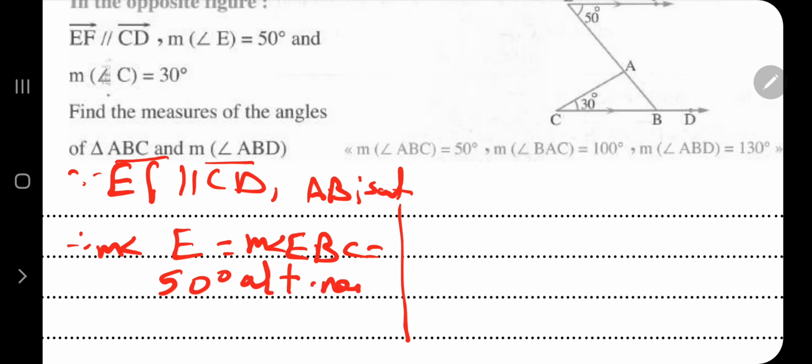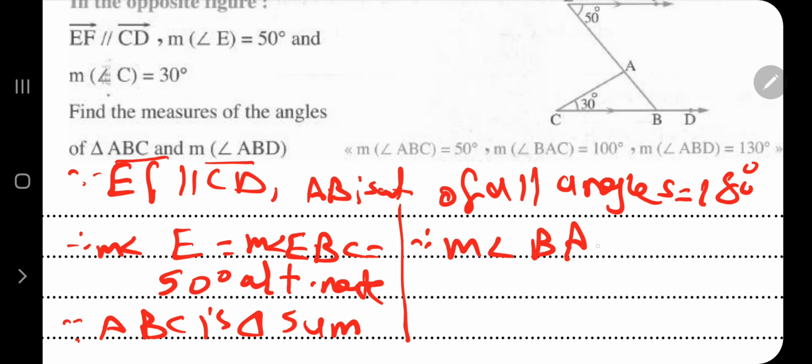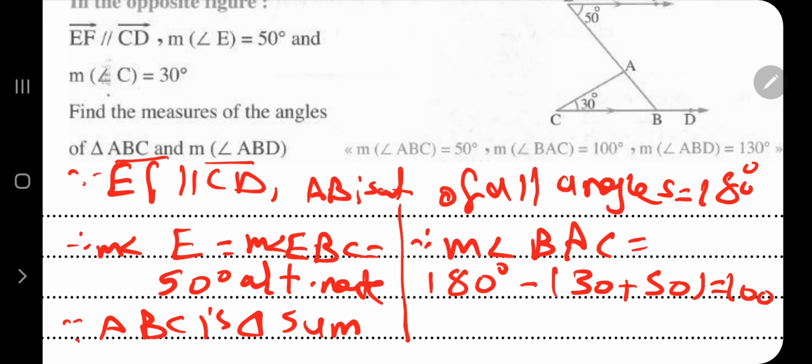Alternate. Since ABC is a triangle, the sum of all angles equals 180. That means the measure of angle BAC equals 180 minus 30 plus 50, which is equal to 100.